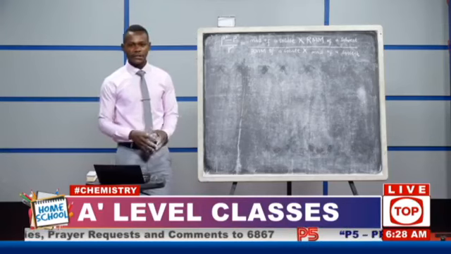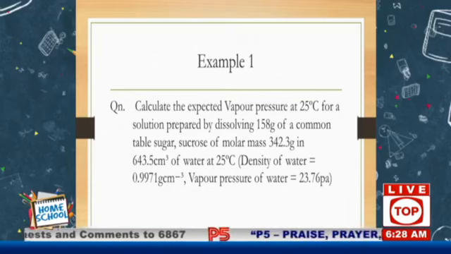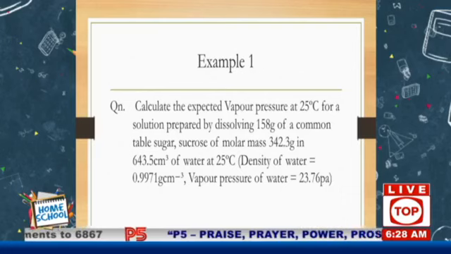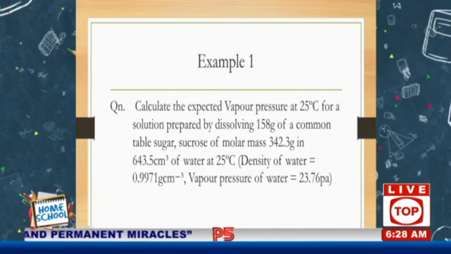Calculate the expected vapor pressure at 25 degrees Celsius for a solution prepared by dissolving 158 grams of a common table sugar, sucrose of molar mass 342.3 grams in 643.5 cubic centimeter of water at 25 degrees Celsius.